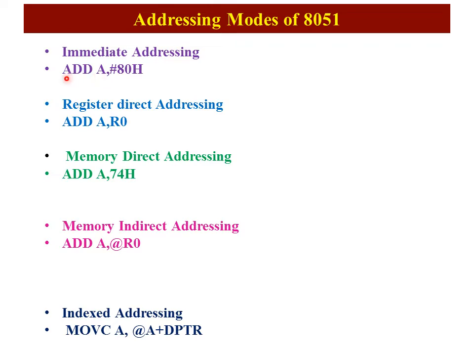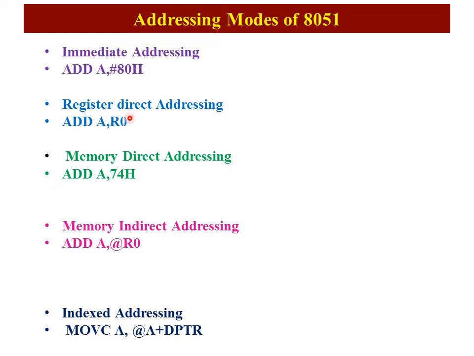This specifies the addition operation. The result of this instruction is that the accumulator stores the result of accumulator plus 80. Like that, immediate addressing mode is executed by the 8051 microcontroller.